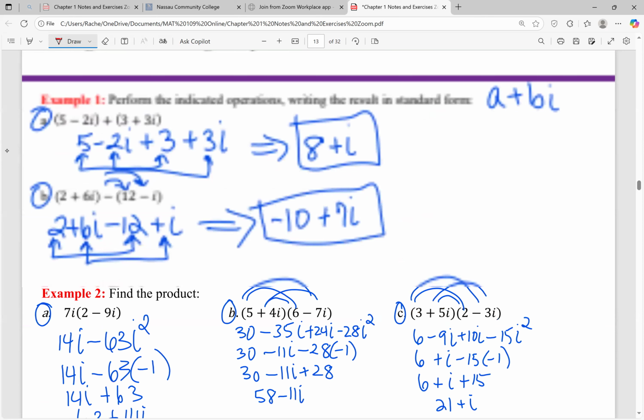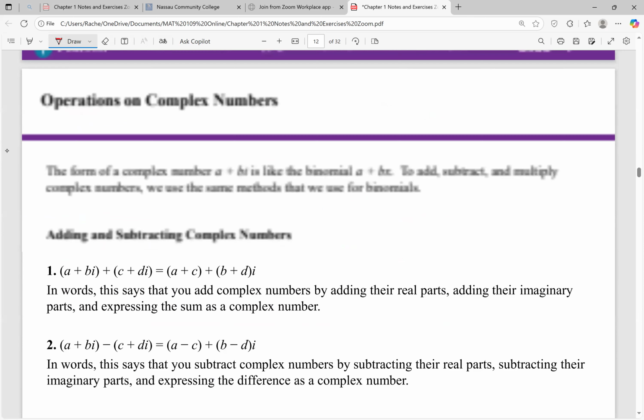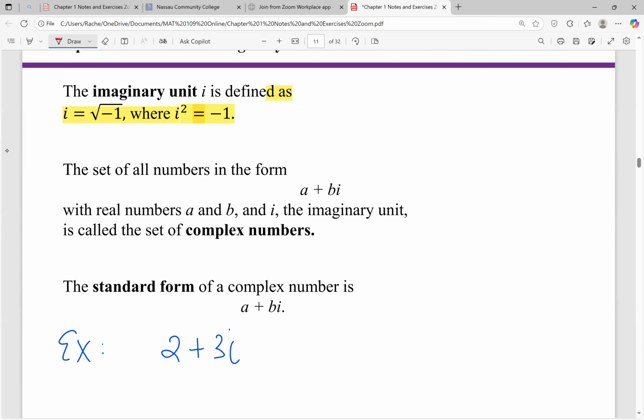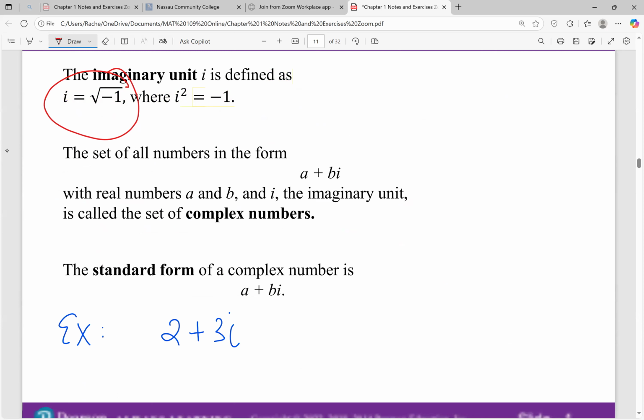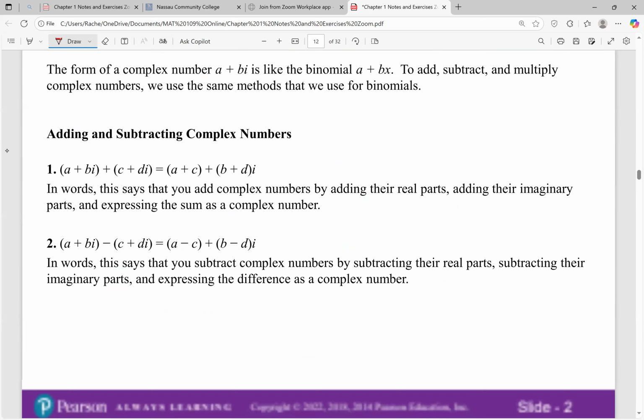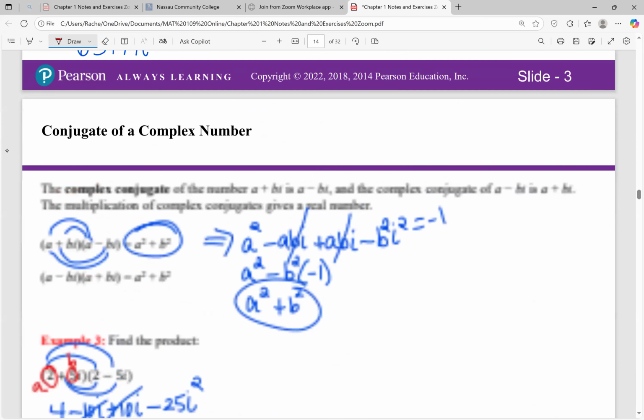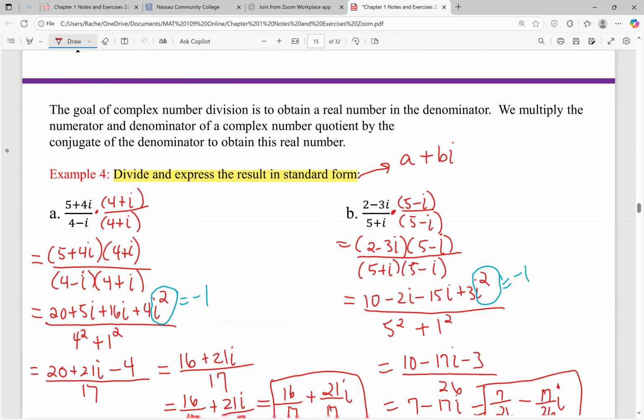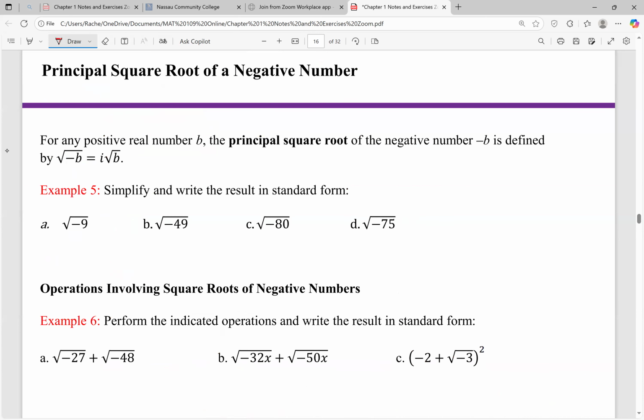The definition of the imaginary unit I is the square root of negative 1. I is equal to the square root of negative 1. That's the imaginary unit. So let's write this up here. I equals the square root of negative 1.